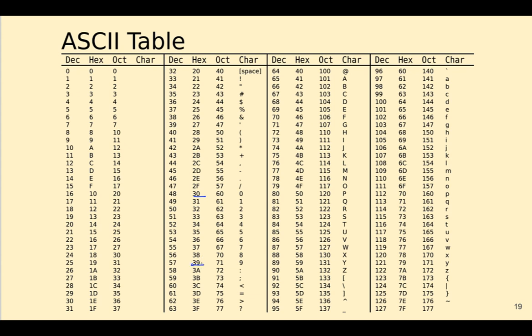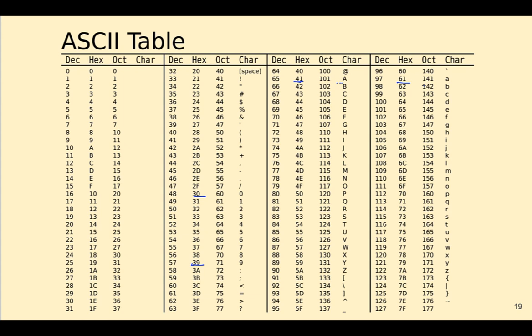So what that would mean is that if you read in a digit as a character 30, let's say it was 0, and you wanted to convert it to an integer, all you'd have to do is subtract the 30. Other nice things about this system are that if we look at the lowercase and uppercase, let's just look at uppercase A and then lowercase a, you can see that you could simply add or subtract 20 in hex to convert from upper to lowercase.